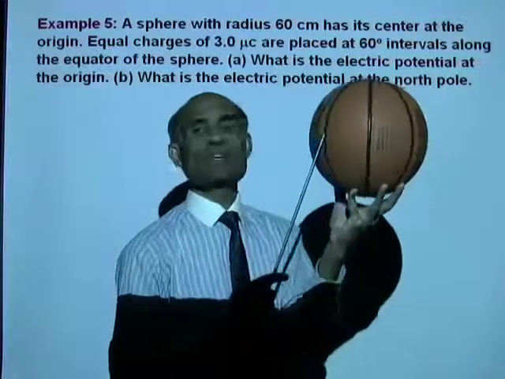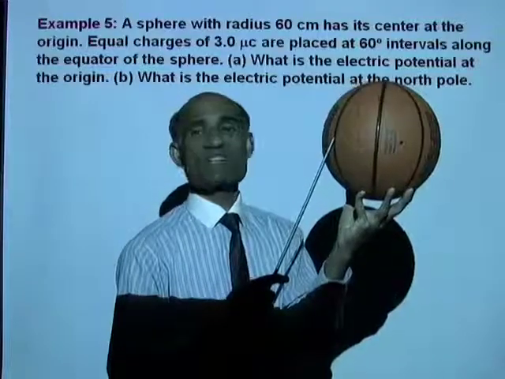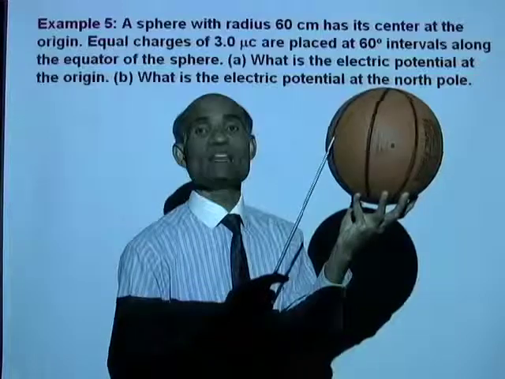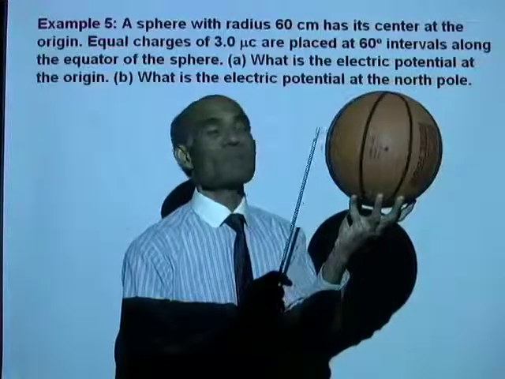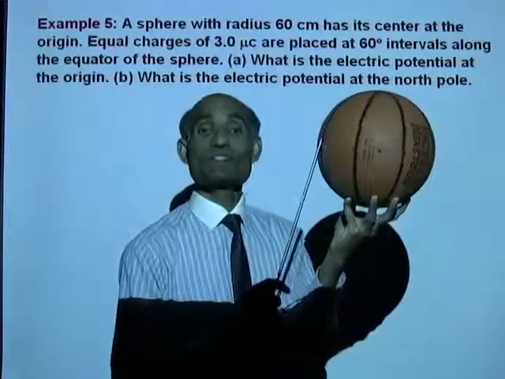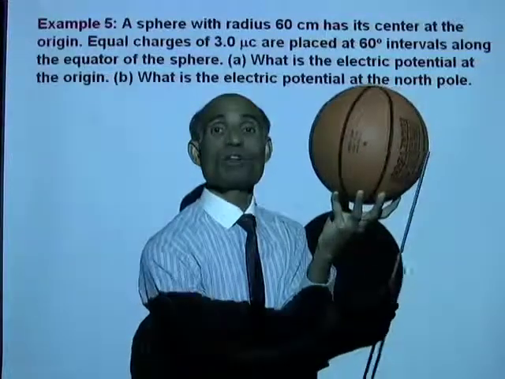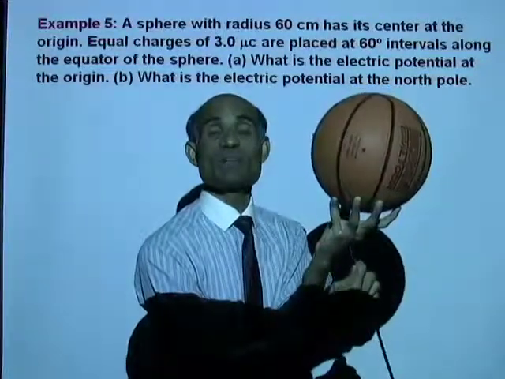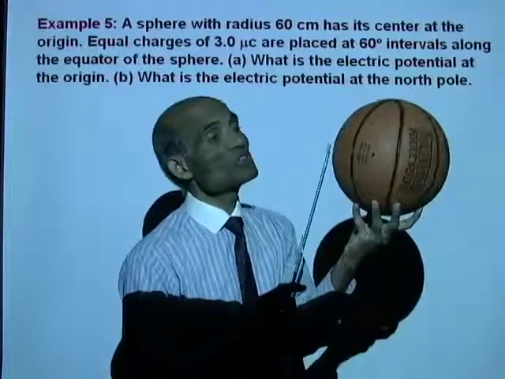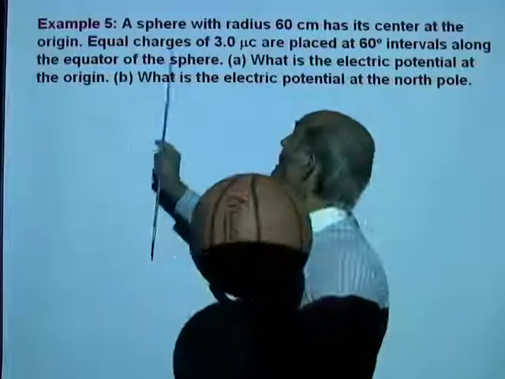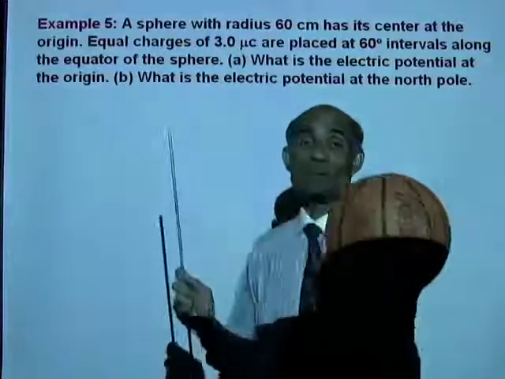Now, if you place charges at 60 degrees interval, how many charges can be placed along the equator? Well, you can place 6 charges because the total degrees for the equator is 360. And at 60 degrees interval, you place a charge of 3 microcoulomb.